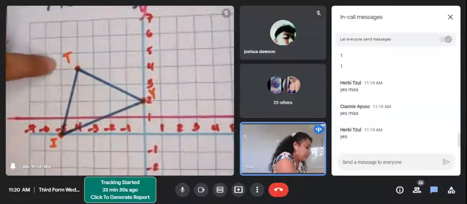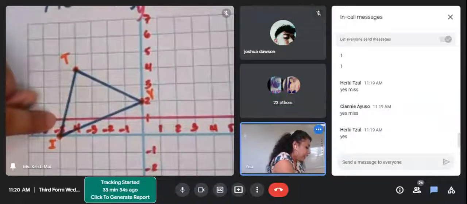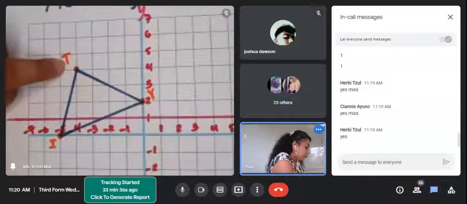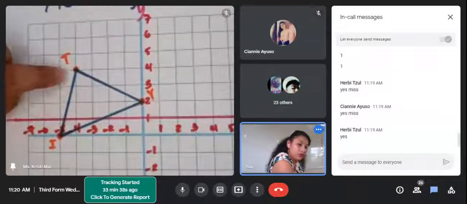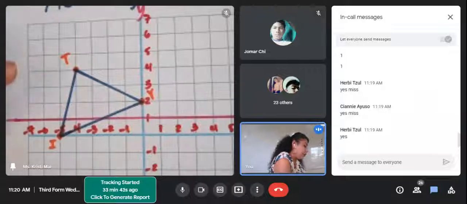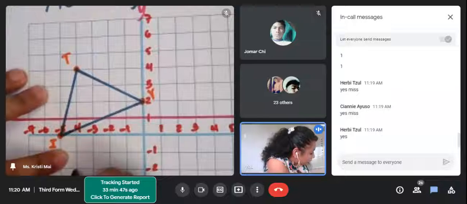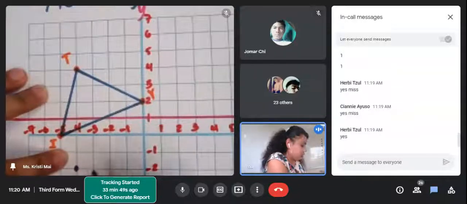If I look at T, how many spaces is T away from this reflective line? 3. 3 spaces, very good. So I'm gonna count 3 spaces at the bottom. 1, 2, 3. So this point is where T1 is going to be.